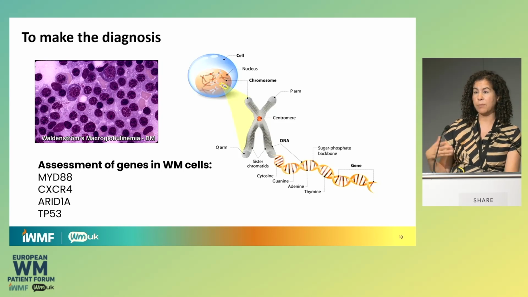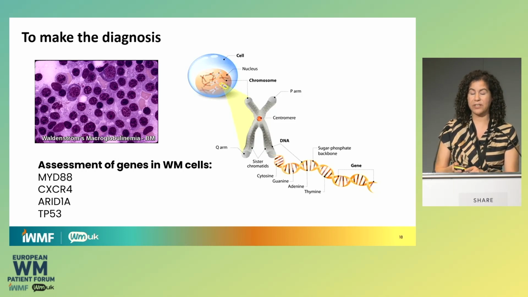So, for example, most patients with WM, if we look at these abnormal cells, so it's not in all your cells, but in the abnormal WM cells, the majority of you will have a mutation in a gene called MYD88. So that can help us from a diagnosis perspective, but also by better understanding the disease and what goes wrong, it'll help us hopefully develop better, more targeted treatments going forwards.